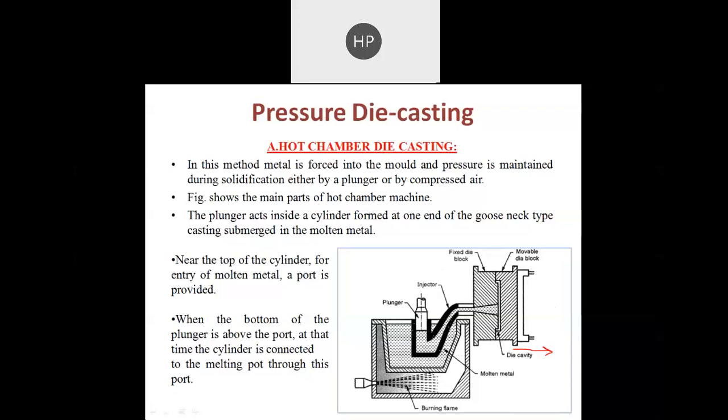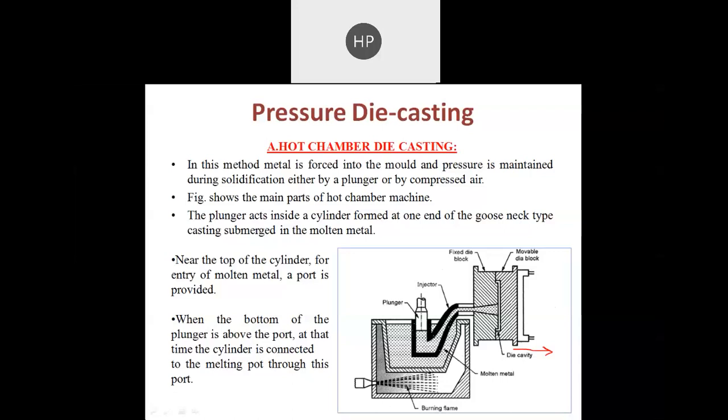As we talked earlier, in hot chamber die casting the furnace or heating chamber is one component of the machine itself. It is not apart from the machine, it is an integral part of the machine, and the heating process as well as the injection and cooling process will be done on the same machine.